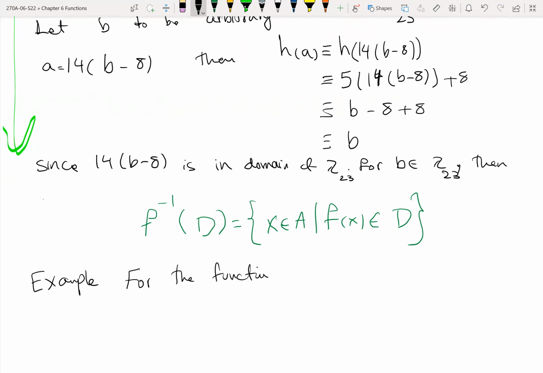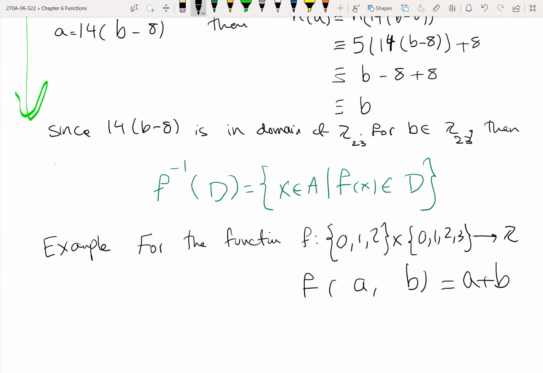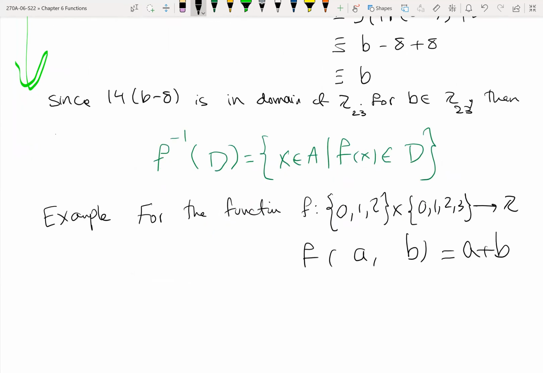My example is a function defined from the domain {0, 1, 2} cross {1, 2, 3} to the integers Z, saying f at (a, b) equals a plus b. The question asks: what is the image of function f?